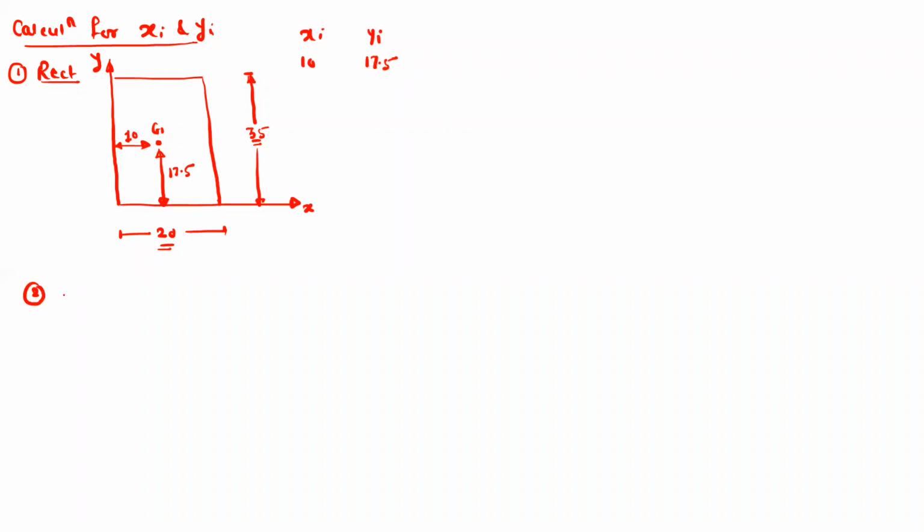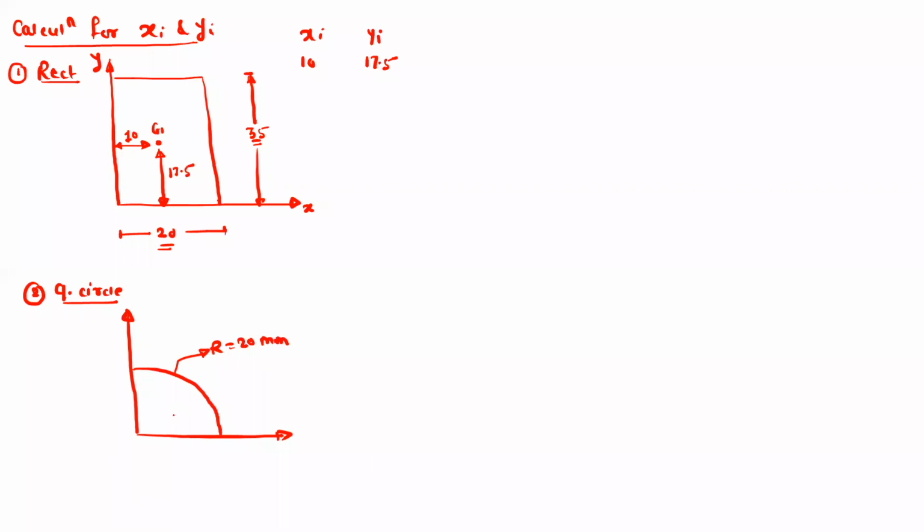Now observe the second geometry. This is the quarter circle. Quarter circle is somewhere here. It is having the radius, this is 20 mm.